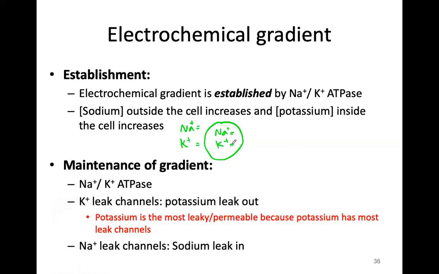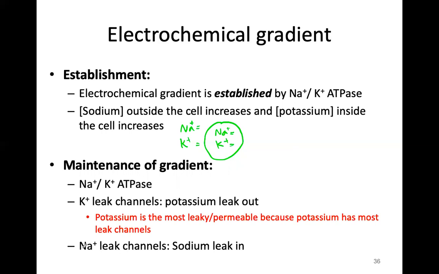Now, what allows me to move more sodium outside and create a higher concentration of sodium outside the cell and a higher concentration of potassium inside the cell would be one type of channel. Those are your sodium potassium ATPase, which basically use the energy of ATP to move 3 sodium out of the cell and 2 potassium into the cell.